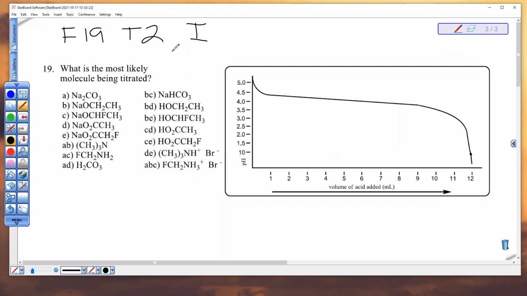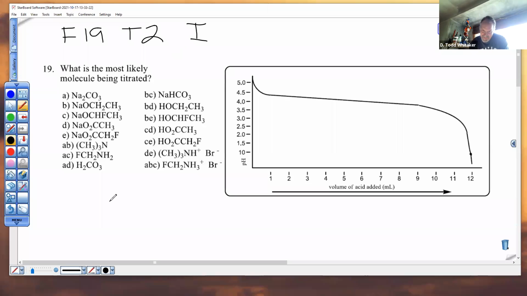All right, now in a titration, you start in either one of two places. You start with the base form of something and titrate it with an acid, or you start with the acid form of a species and titrate it with a base.